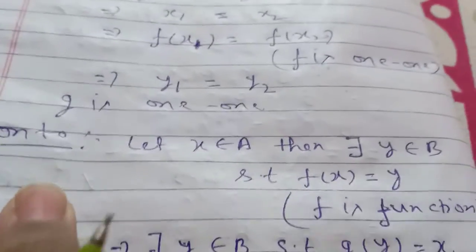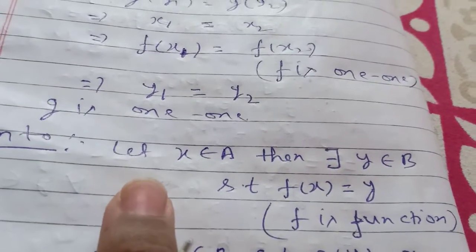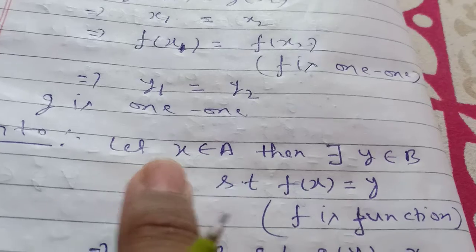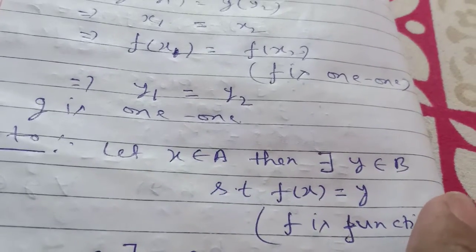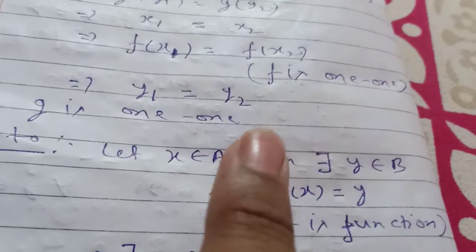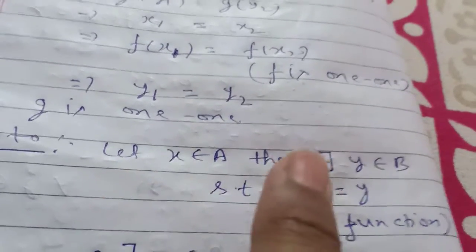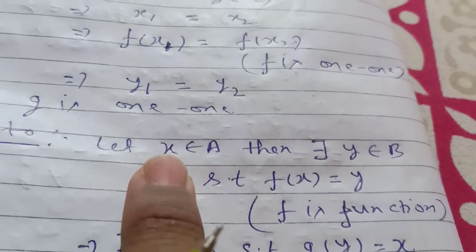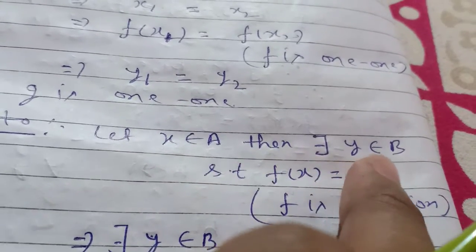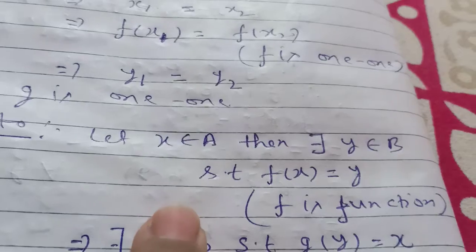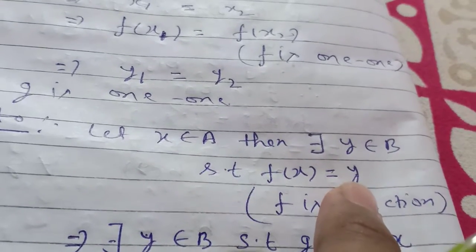For onto, we know that every element of A has at least one pre-image in B. It means here we have to show that g of y is equal to x. Suppose x belongs to A, then there exists y belongs to B such that f of x is equal to y.